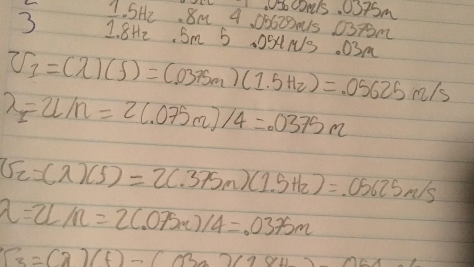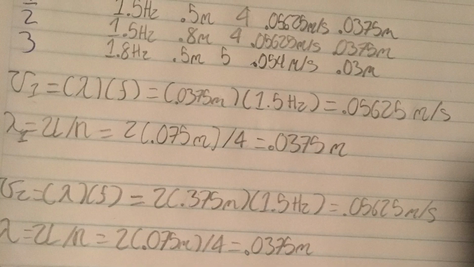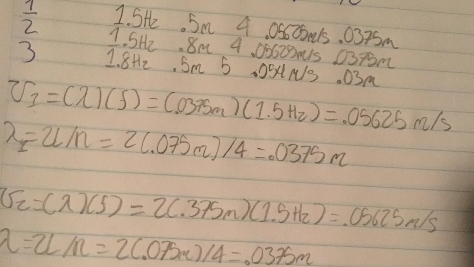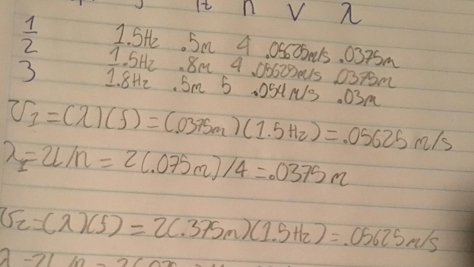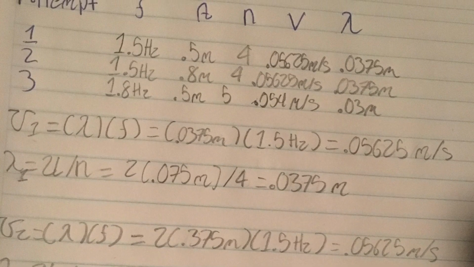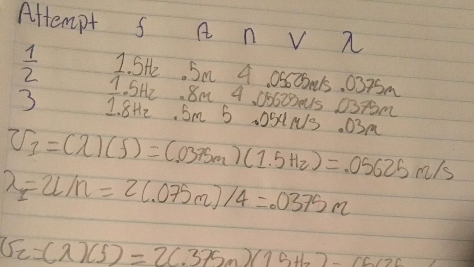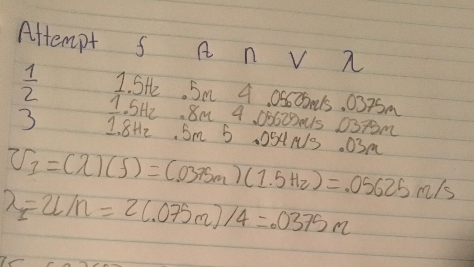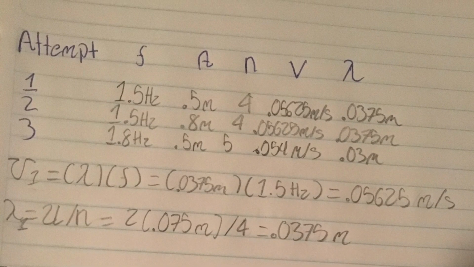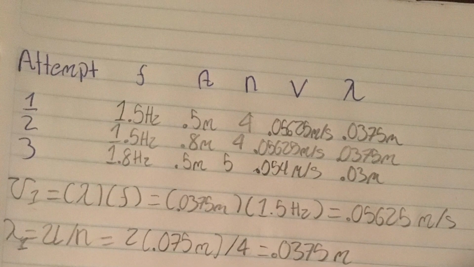So it is 2 multiplied by 0.075 meters over 5, which gives us a result of 0.03 meters, and that result we have to multiply by the frequency. In this case it is 1.8 Hz, giving us a result of 0.054 meters per second. And with this we complete the table.